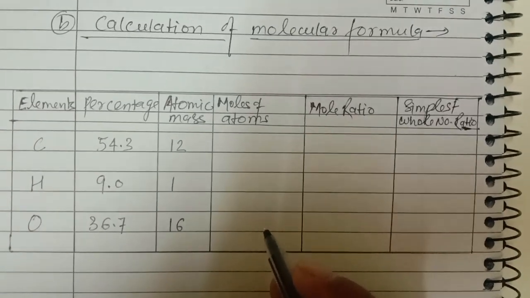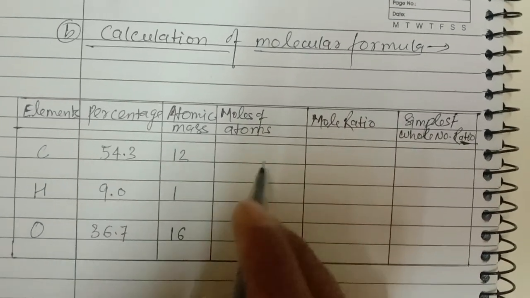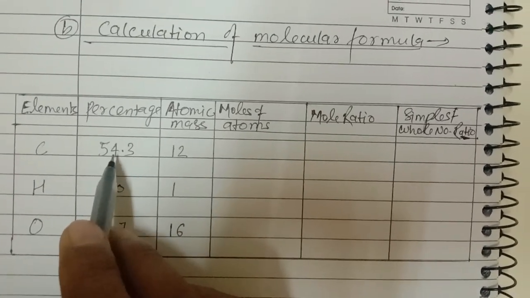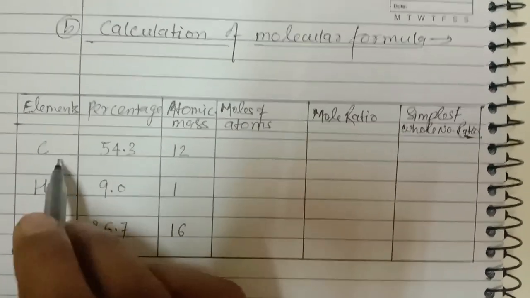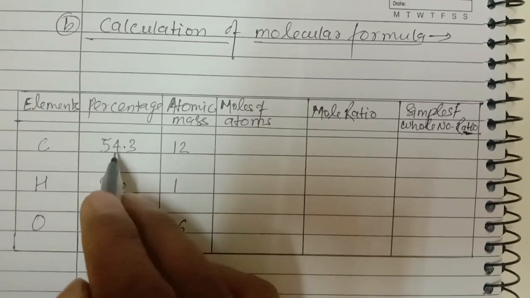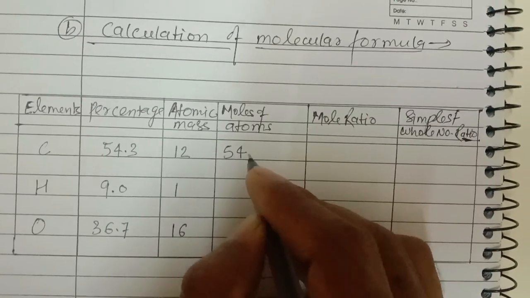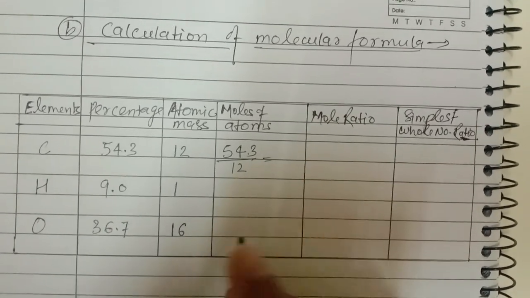Now we will find out the moles. What is the formula of moles? Mass upon atomic mass. The percentage will serve as the mass. So 54.3, the mass of carbon, divided by atomic mass gives the moles.